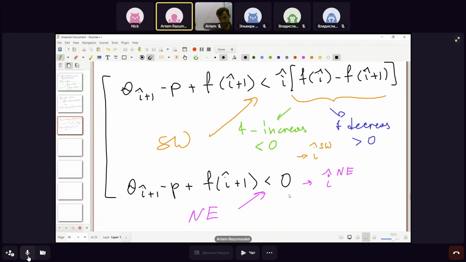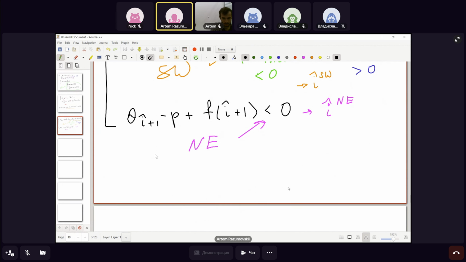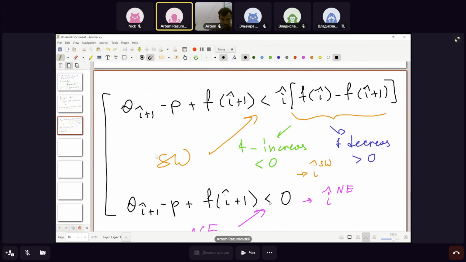So then, okay, we need to consider two cases here. If function f is increasing, right, then this is negative, right? And so you have a restriction that your utility function is less than something negative, which is more strict than if you have your utility function less than 0.